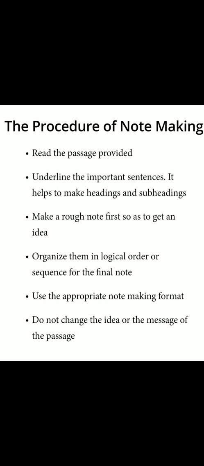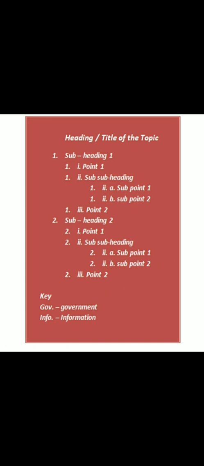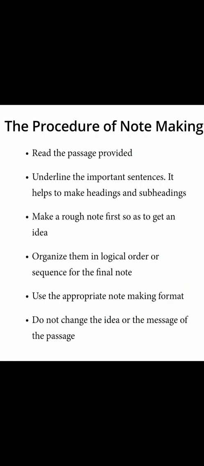Keep going. It helps you to make headings and subheadings. Make a rough note first so as to get an idea. Organize them in logical order or sequence for the final note. Once you underline all the important lines, giving subheadings and points will be easy for you.